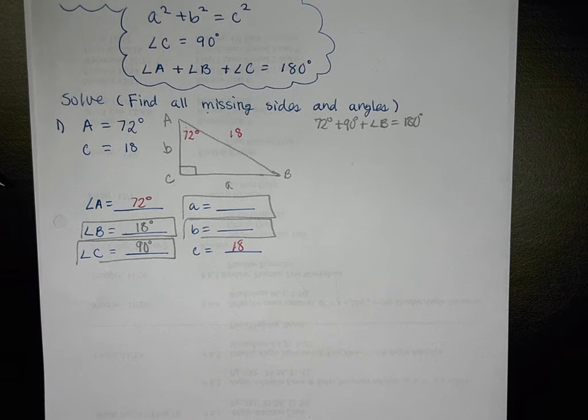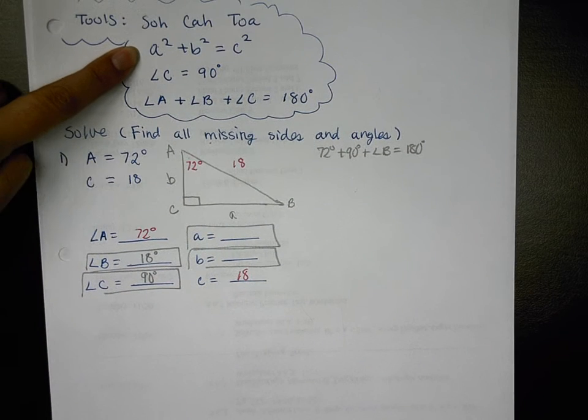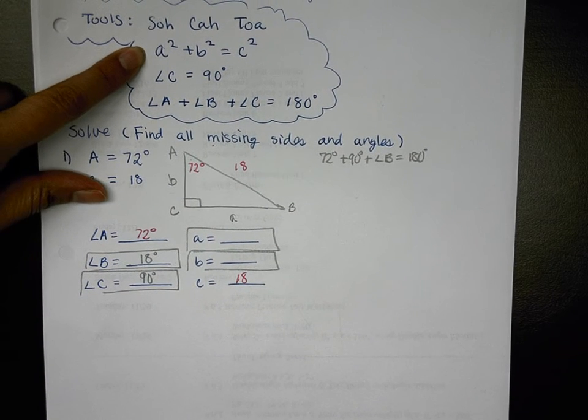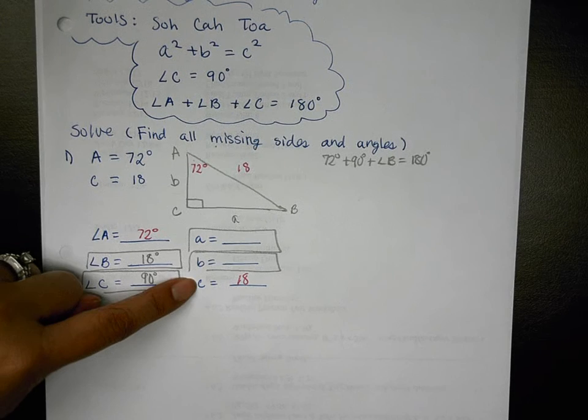Yes? Okay. Now, the next thing I'm going to find is side A and side B. Do you guys agree I do not have enough information to use Pythagorean's theorem? Right? In order to use Pythagorean's theorem, I need to know two sides and look for my third side. But all I know is one side.